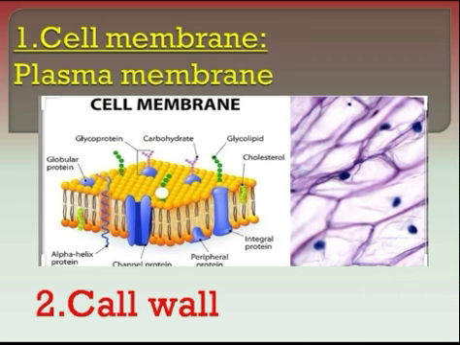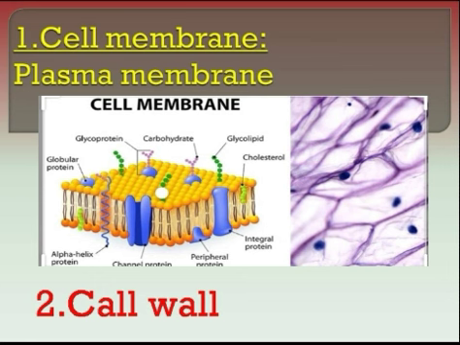Cell membrane plays a crucial role in maintaining the balance of the cell. And then cell membrane allows certain substances only. So this is called a selectively permeable membrane. This is the cell membrane.